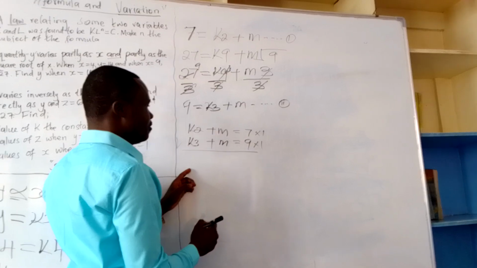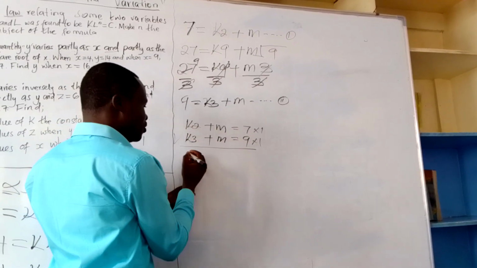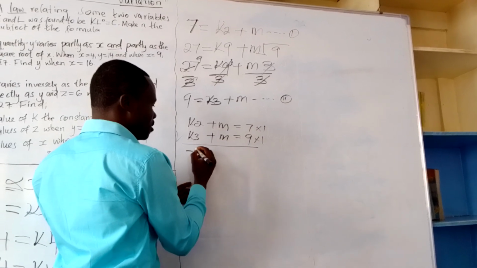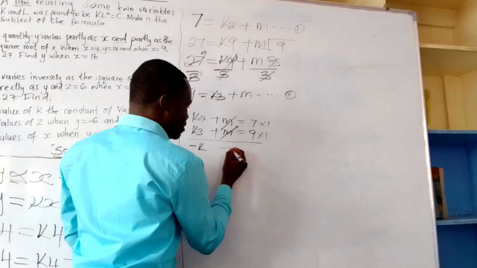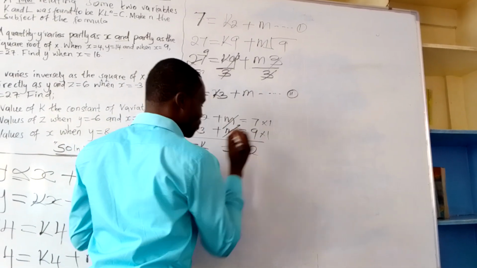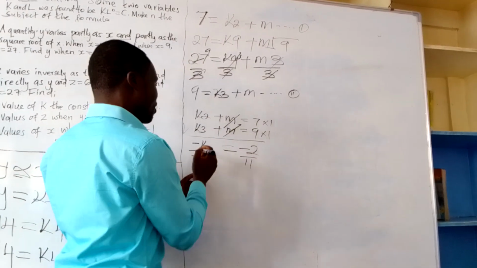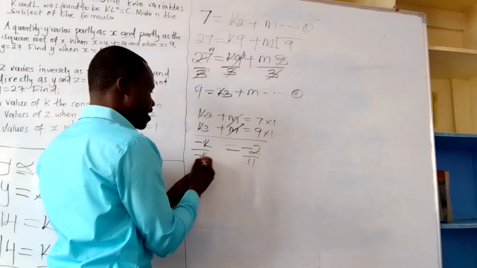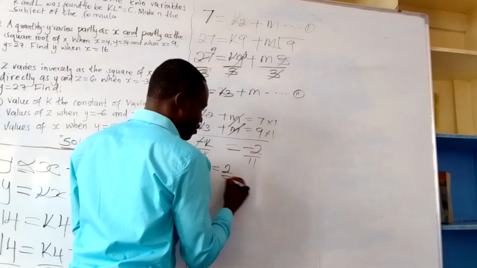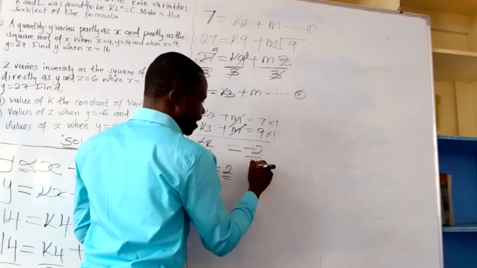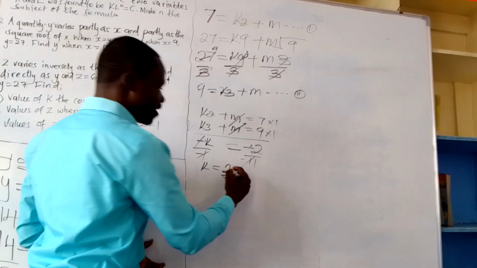We are going to have k2 minus k3 is going to be negative k. This and this will cancel. We remain with, is equal to negative 2. So we divide both sides by negative 1, by negative 1, because we have the coefficient of k which is 1 there. So here we are going to remain with k is equal to 2, because negative will cancel negative. The value of k is 2.